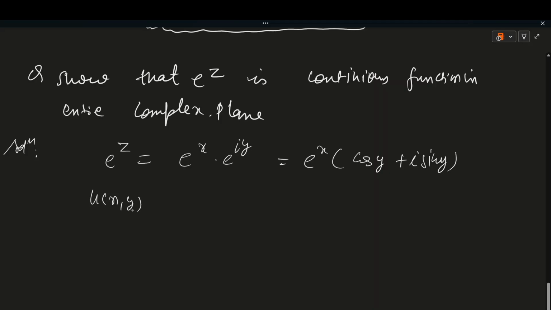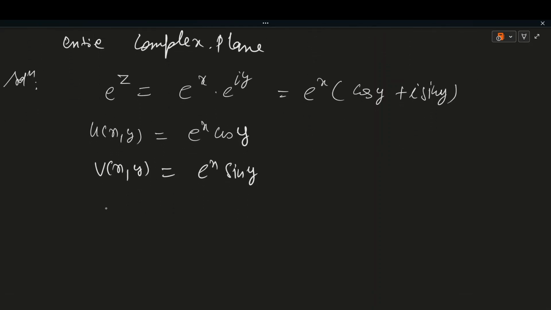So u(x, y) is e^x cos y and v is e^x sin y. If any function is analytic, it should satisfy the Cauchy-Riemann equation.